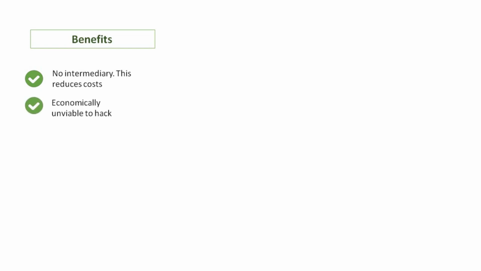Second, as discussed before, they are economically unviable to bring down, and this makes them extremely safe, the safest of the three options that we've seen today. And finally, there is complete transparency, which makes the chance of someone committing fraud highly unlikely and very difficult.